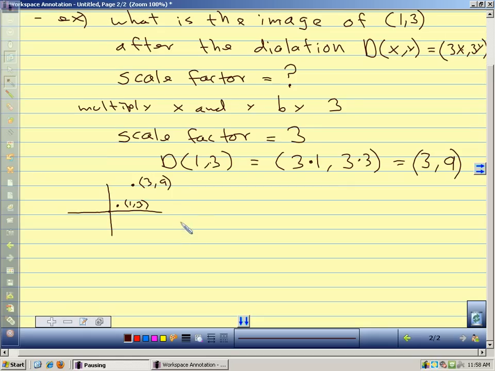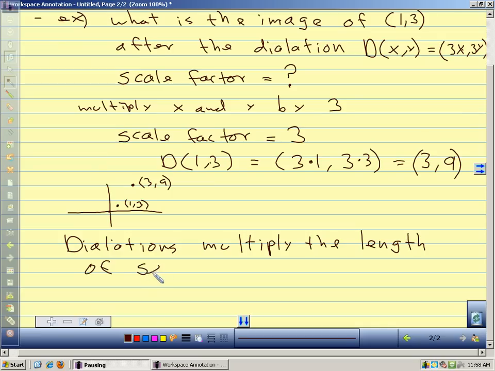So dilations multiply the length of segments by the scale factor.